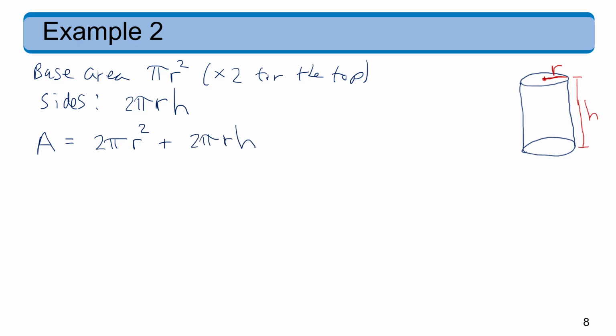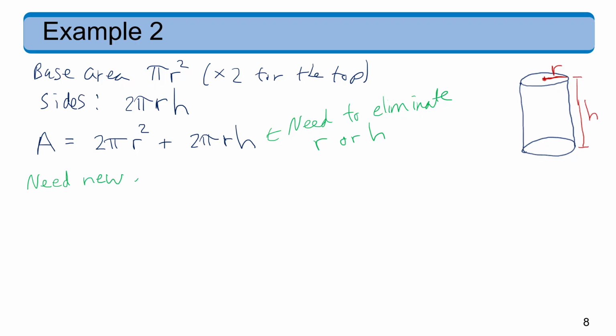So the next step is to look at your equation that you just wrote and see how many variables are on the right. We want to get it down to 1 variable on the right. And you can see we've got 2 variables, r and h. So we need to eliminate one of those, either r or h. Now to do that, we need another equation that's unrelated to the area of the function that we just wrote.